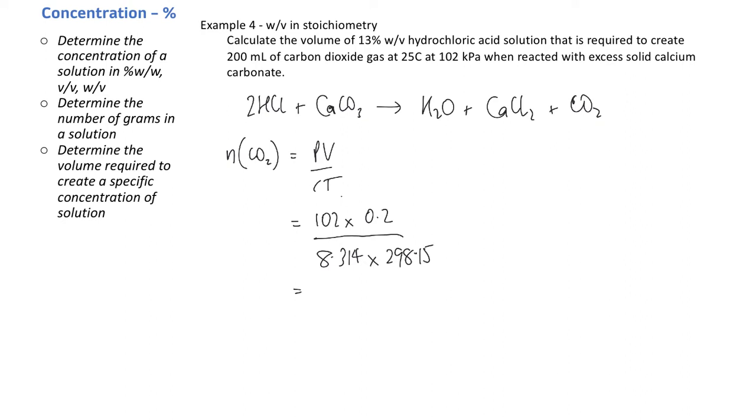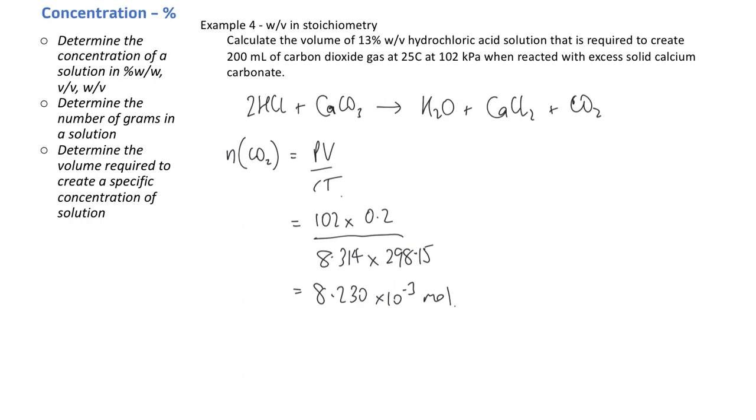Okay, what's that going to be? 102 times 0.2 divided by bracket 8.314 times 298.15, close brackets, is going to be 8.230 times 10 to the negative 3 moles.